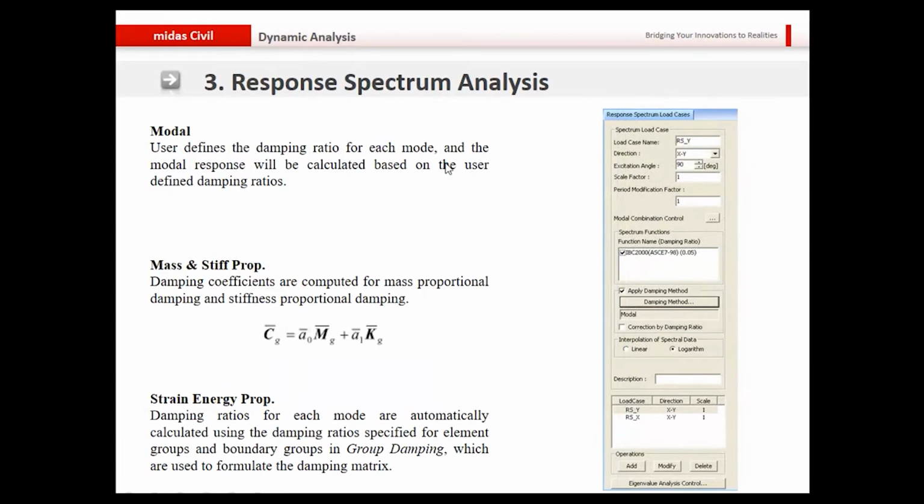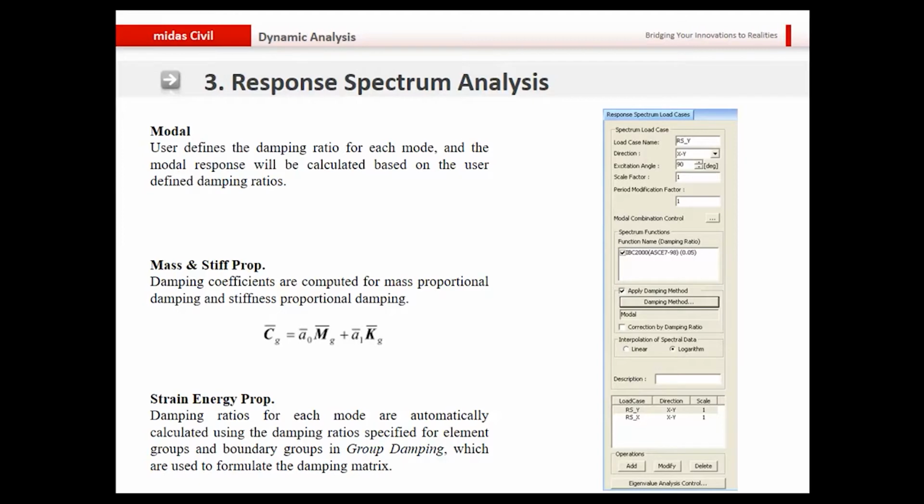For the damping method, you have the modal damping method, which is defined basically for defining the damping ratio for each mode, and the modal response will be calculated based on the user defined damping ratios. Then you have the mass and stiffness proportional, in which the damping coefficients are computed for mass proportional damping and stiffness proportional damping.